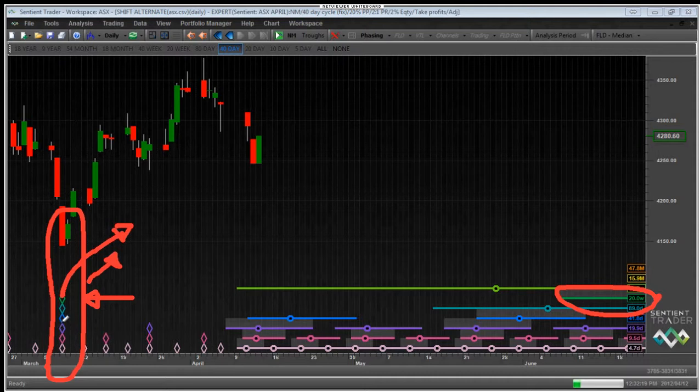The 40-day cycle has been bouncing up, and of course each cycle is expected to form a trough one wavelength later. So when is the next trough of the 40-day cycle? As you can see, it is presented by this circle and whiskers. In fact, the term circle and whiskers was coined by Australian members of our beta testing team when we were beta testing Sentient Trader.